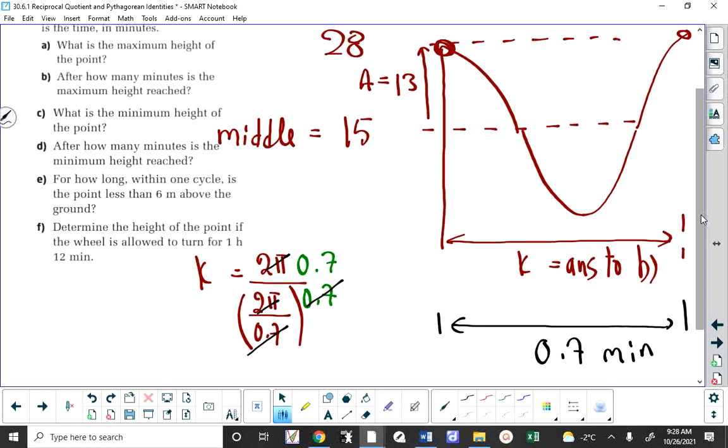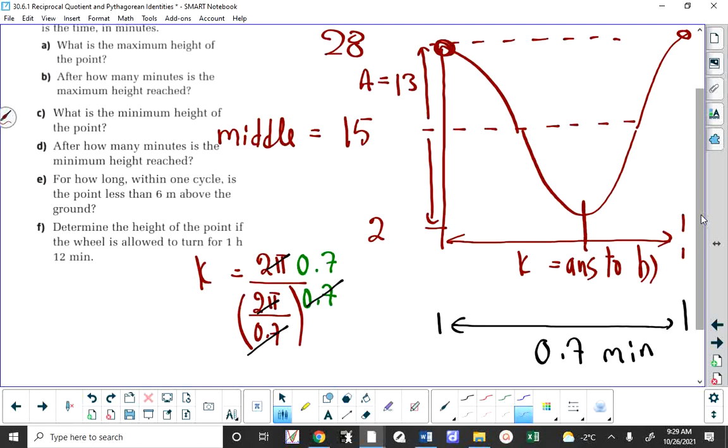What is the minimum height of the point? Well, if the amplitude is 13, then we can figure out that the minimum height is 13 less than the midpoint, which is at 15, which would be 2 meters. After how many minutes is the minimum reached? Well, again, we don't have to use our graphing calculator to answer this.